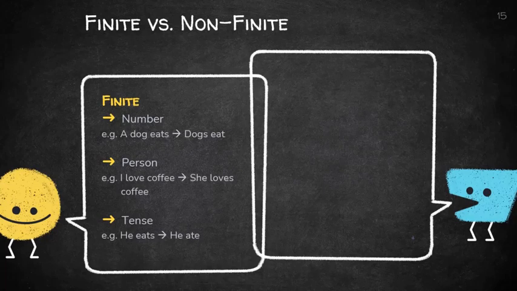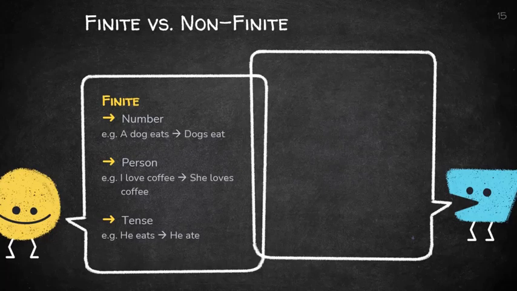But when the subject becomes plural, dogs, the verb also changes. Dogs eat. I love coffee. She loves coffee. Okay, so finite verbs usually change according to number and person, and in English, based on tenses.